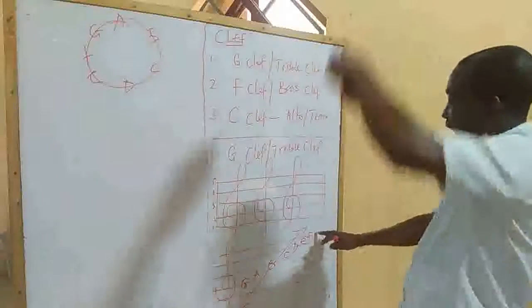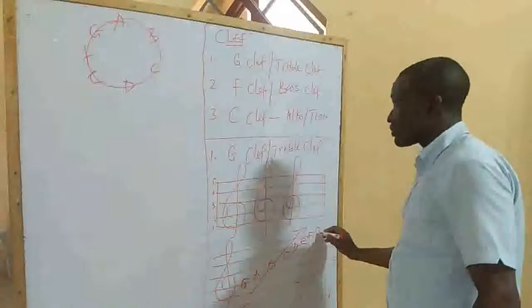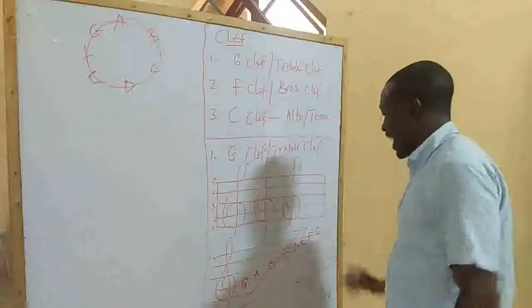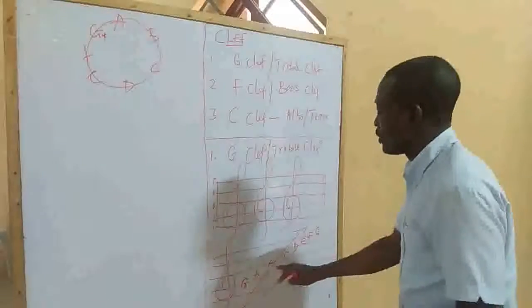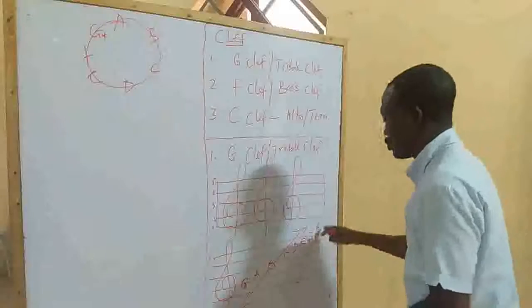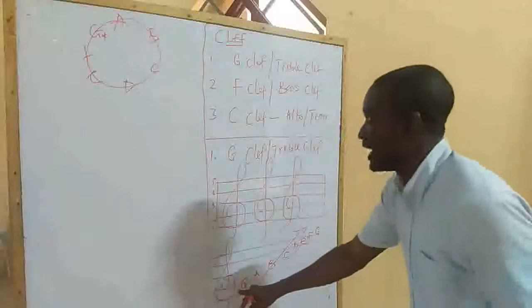Then the next space above it is G. This is where we started from: G to A to B to C to D to E to F and to G.